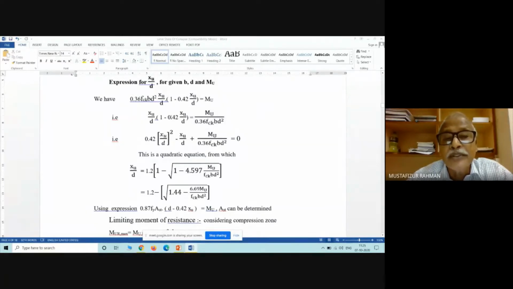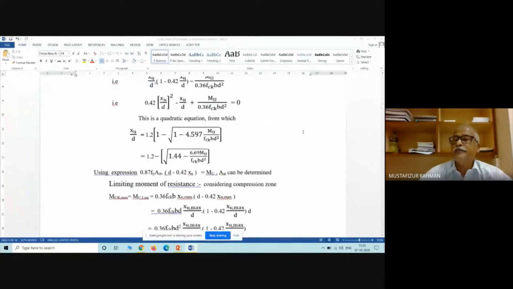Now it is a simple equation: 0.42 (xu by d) squared minus xu by d, which is brought to this side, so this is a quadratic equation.